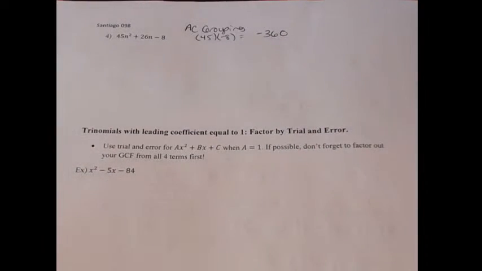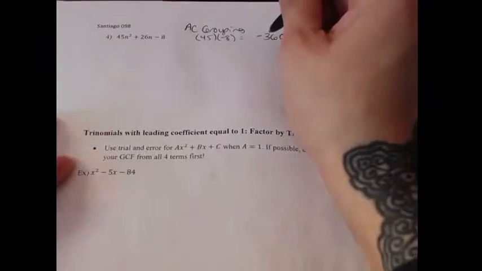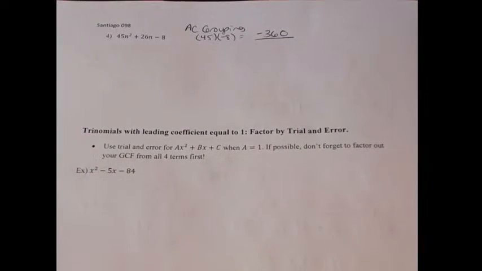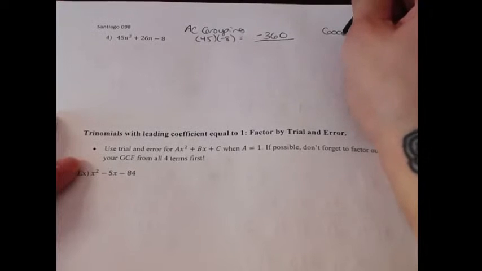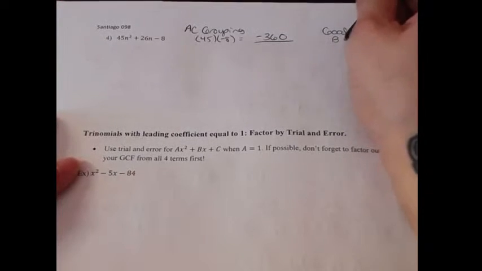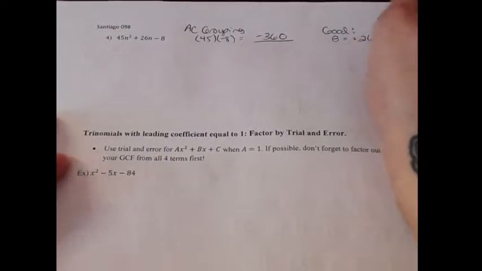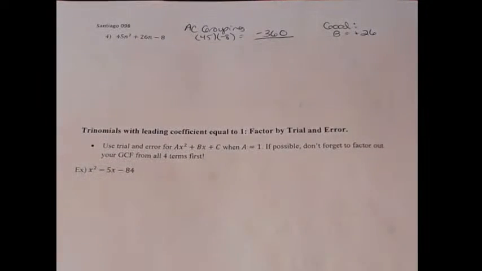I think once you saw that number, you might have thought, oh, shoot, there are going to be a lot of factors here. And there are. It's not a big deal, though. Remember that our goal is that B is equal to a positive 26. So we're looking for a combination of factors that add up to 26, right? Notice our AC is a negative 360.